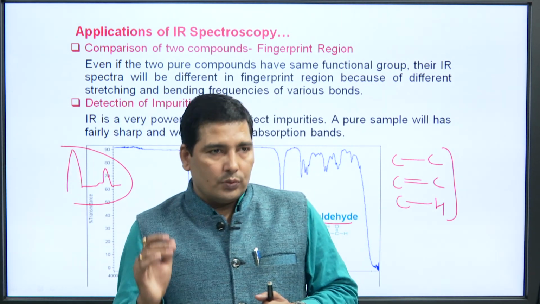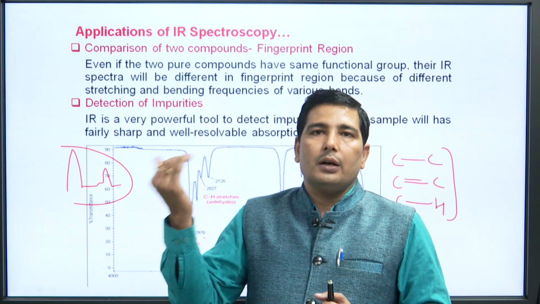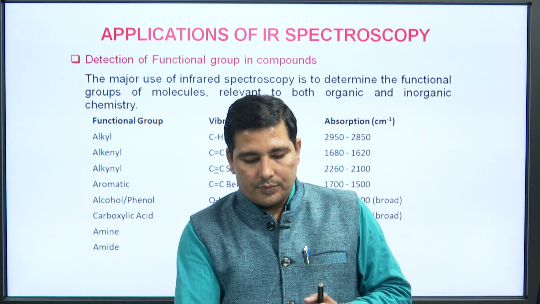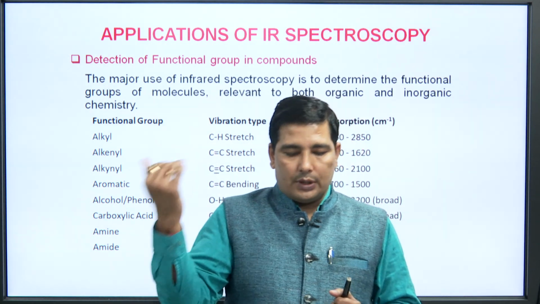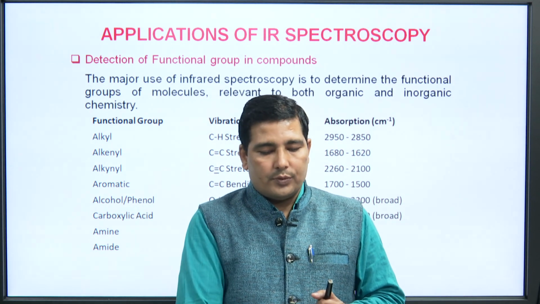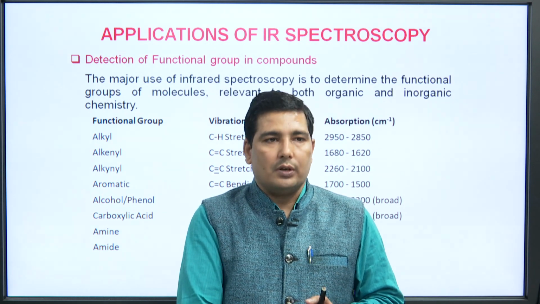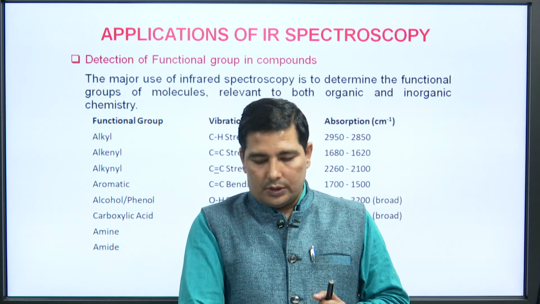What you have to do is learn some of the absorption patterns, that is, what the peak value of absorption will be if it is alcohol or phenol or carboxylic acid or amine, because that may come in your examination.